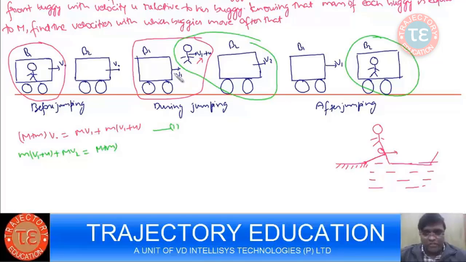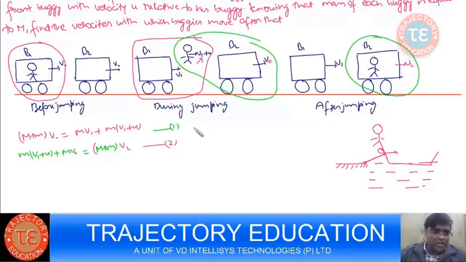Okay, this was v1, last year's got changed, so today m(v1 plus u), and this will remain v0. Here there was a mistake, it will be mv0, so we'll have m plus m, and this will become v2.